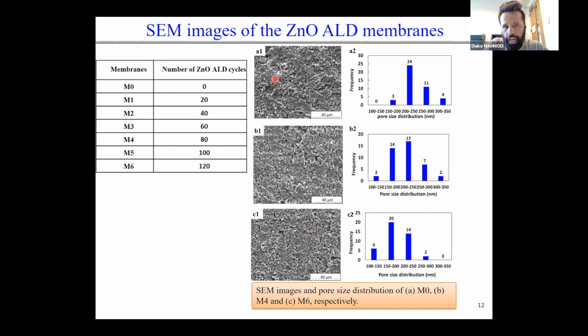For example, for M0, there is just 0 pore size between 100 to 150. But for M6, since the zinc oxide thickness increased, the pore size between 100 to 150 increased to 6, which means the pore size of the membrane decreased.